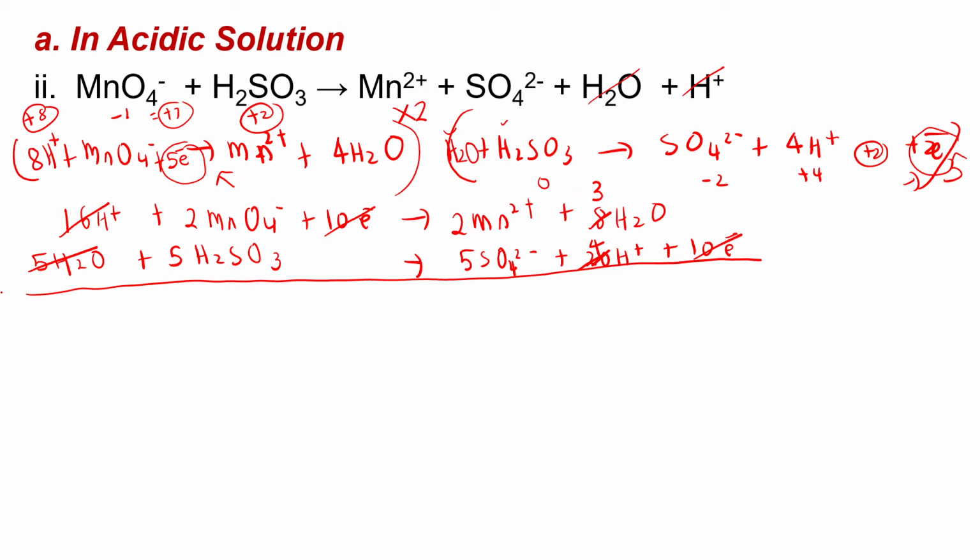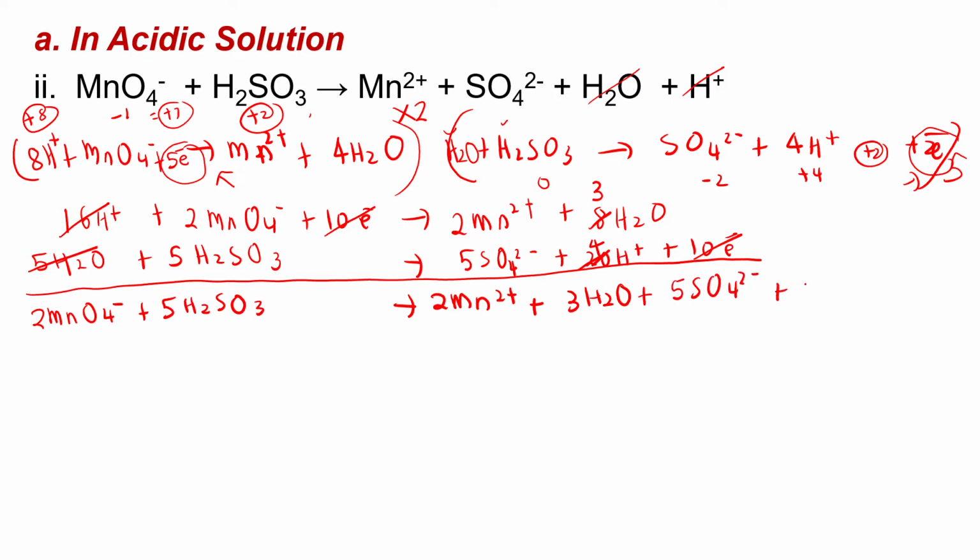Okay, so the overall equation will become 2MnO4- plus 5H2SO3 produce 2Mn2+ plus 3 water plus 5SO4 2- plus 4H+.